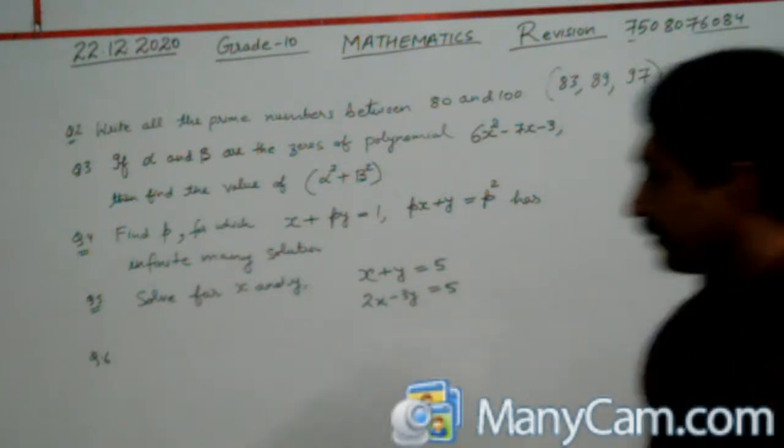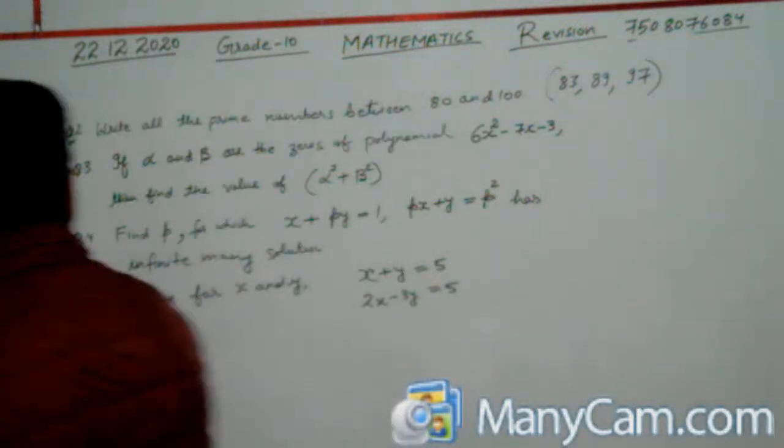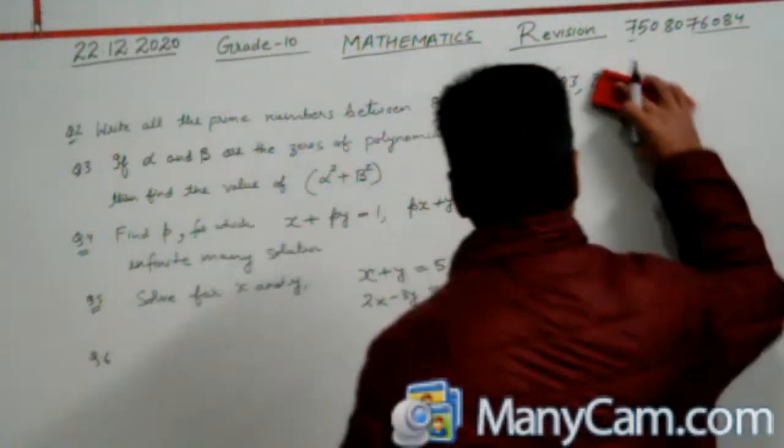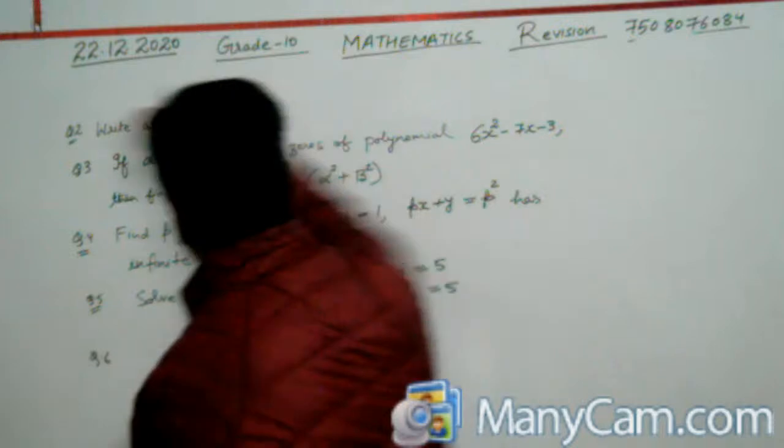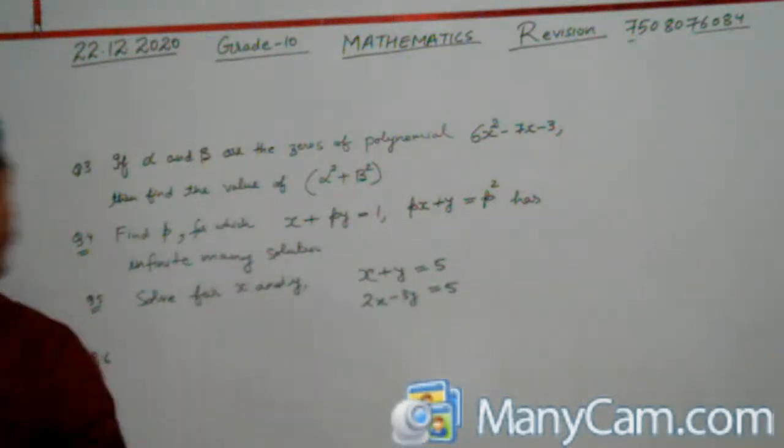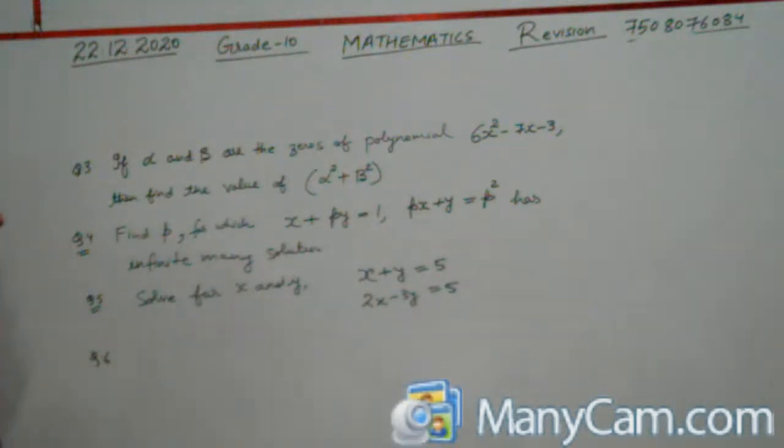Next one. If alpha and beta are the zeros of the polynomial 6x square minus 7x minus 3, find the value of alpha square plus beta square.